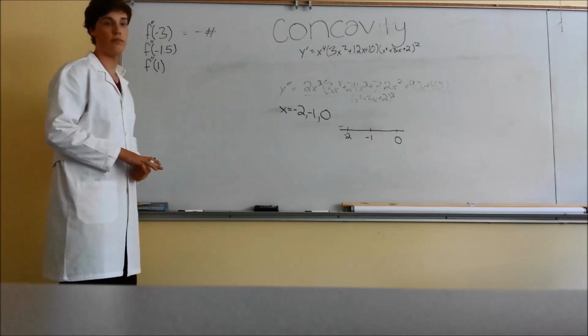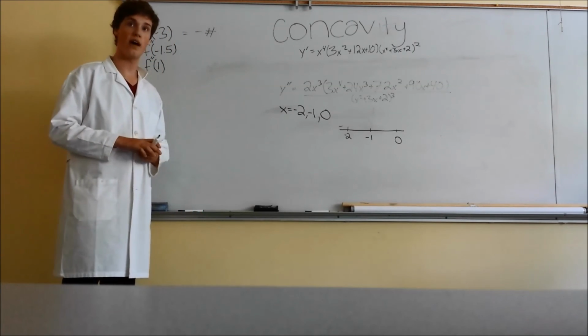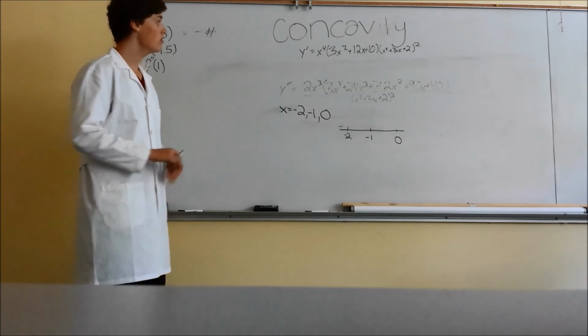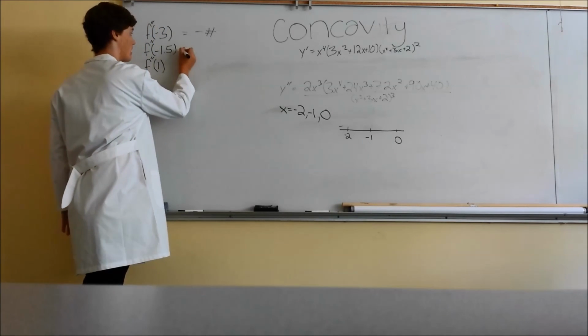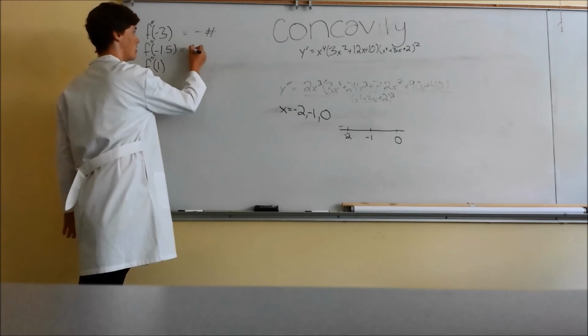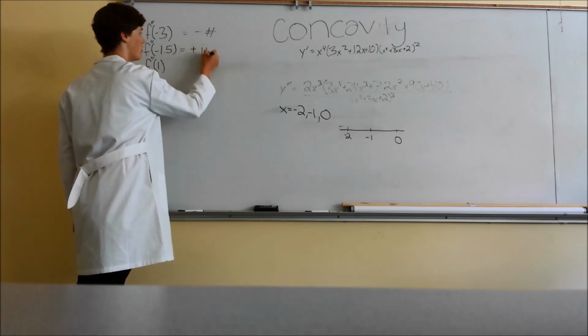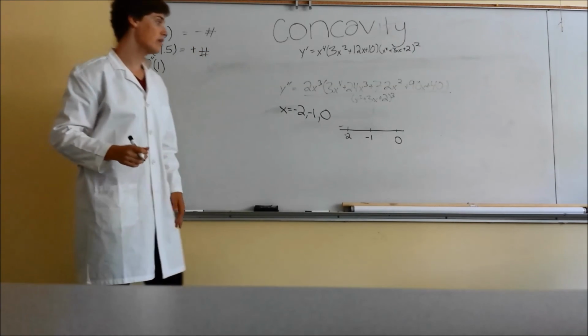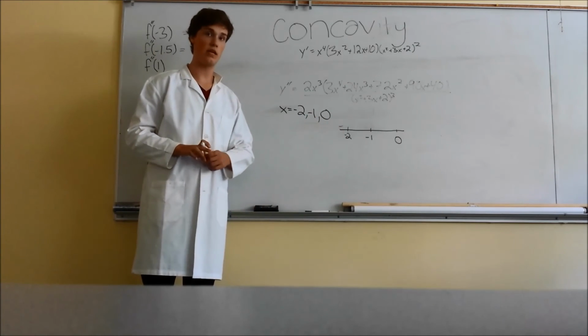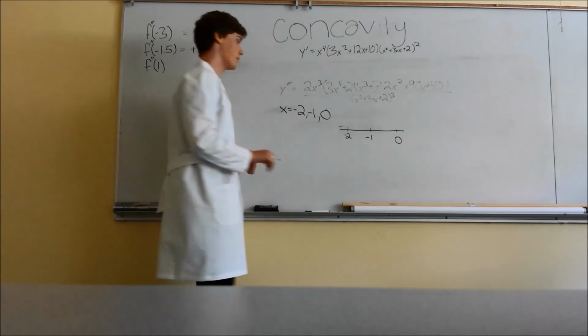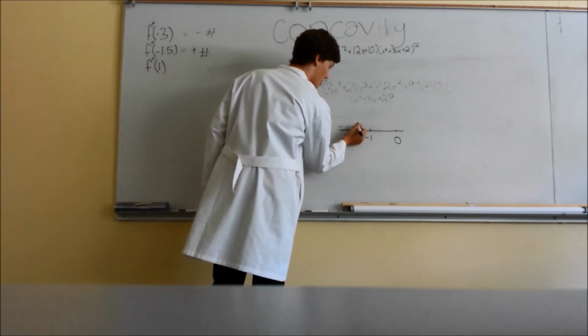Next, we'll try f double prime of negative 1.5. This value, when plugged into our second derivative equation, yields a positive number, which means that for all values between x equals negative 2 and negative 1, our equation is concave up.